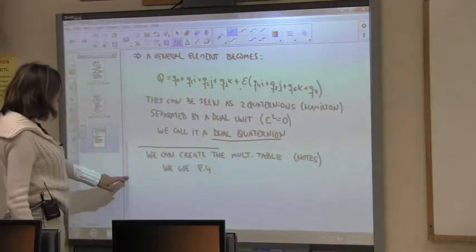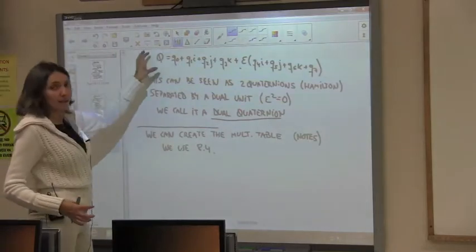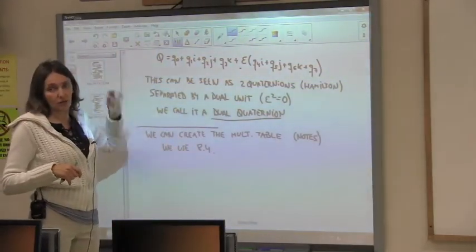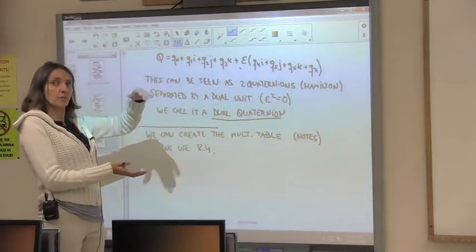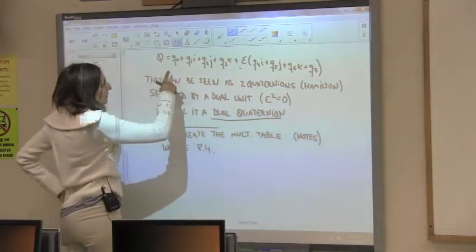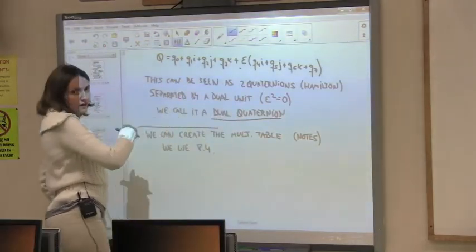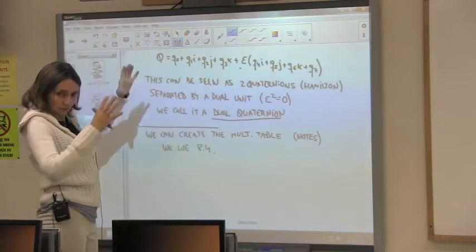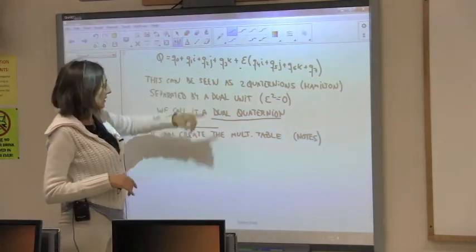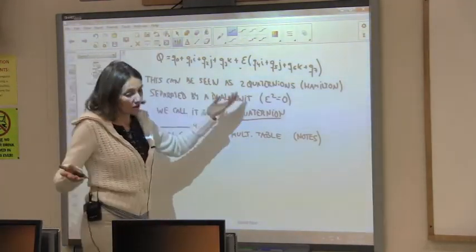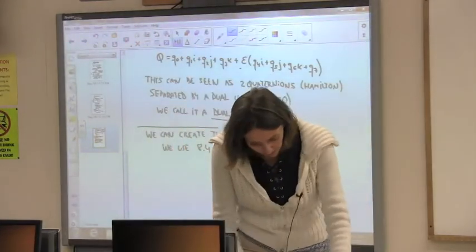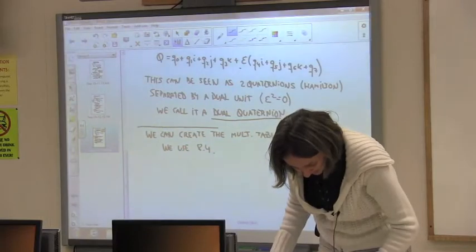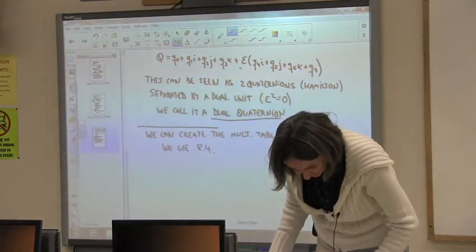Given that multiplication table, you can create the general expression of what happens when you multiply two of these elements together, and you can program that. When you do the distributive property and apply this multiplication table, you will get something that you also have in the notes. It's big. You have it in page 113.